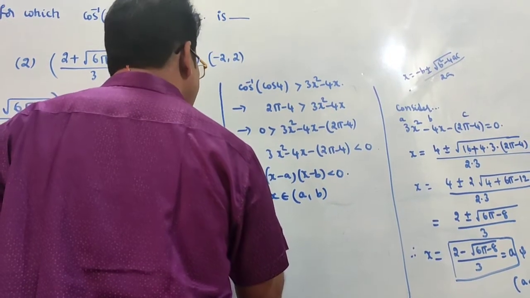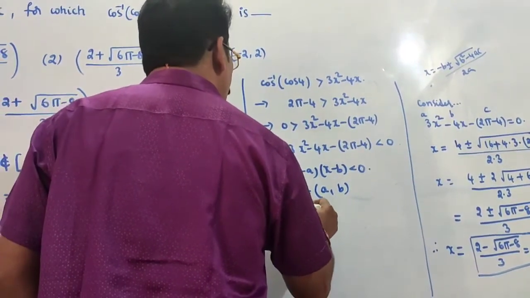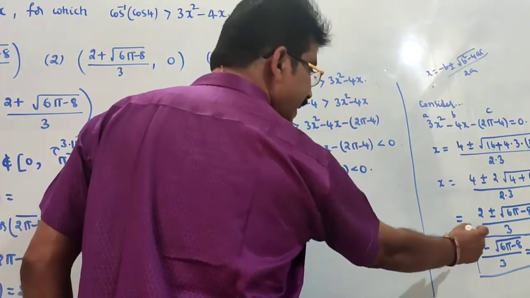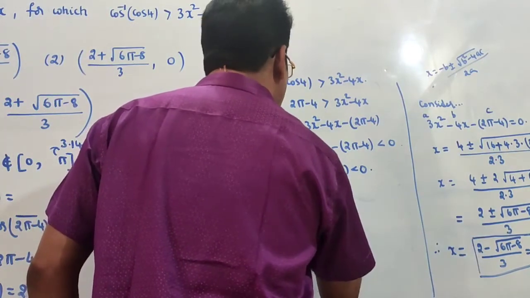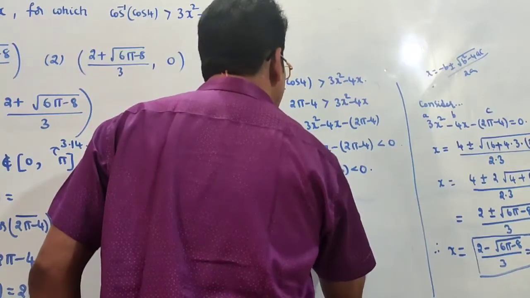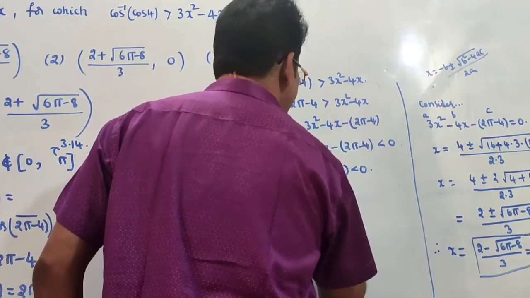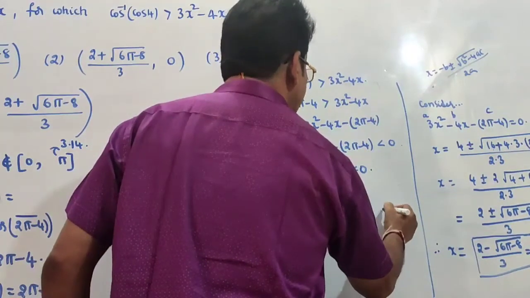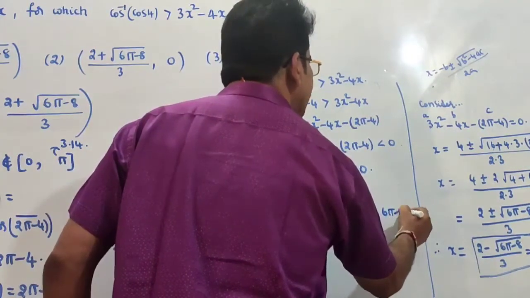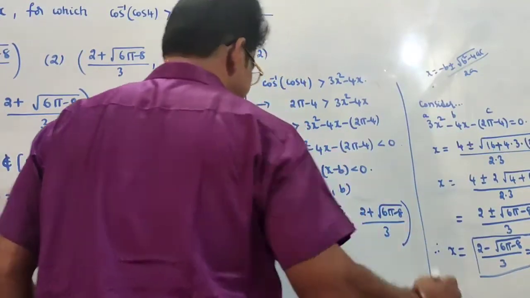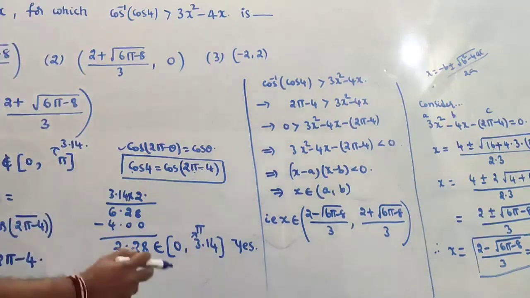That is, x belongs to the open interval of 2 minus root of 6 pi minus 8 divided by 3, comma 2 plus root of 6 pi minus 8, whole divided by 3. So which option is right?